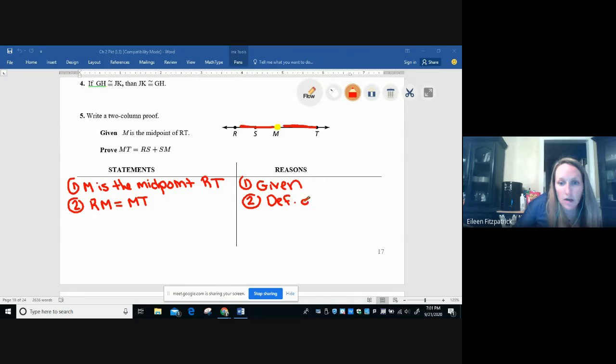Definition of midpoint. So we used the given and came up with this next statement.